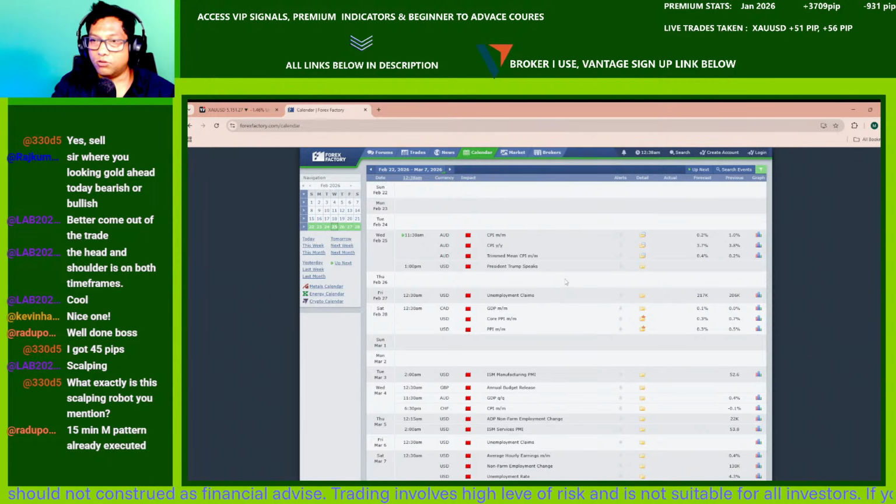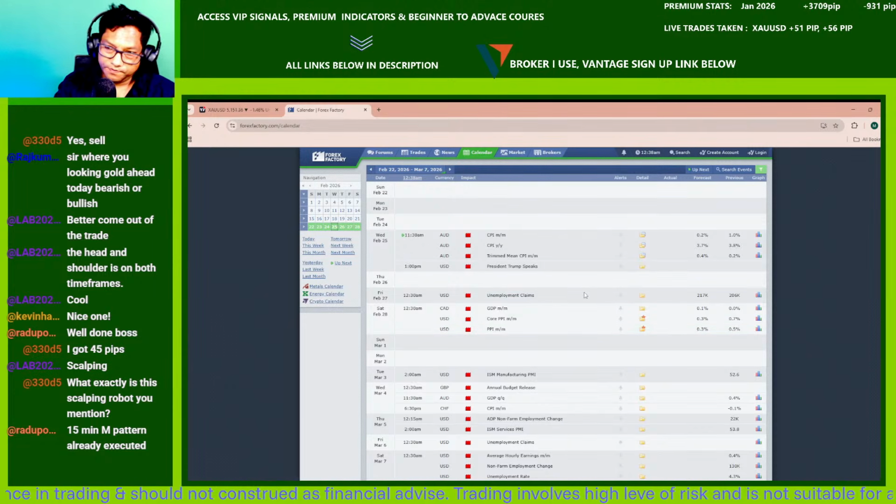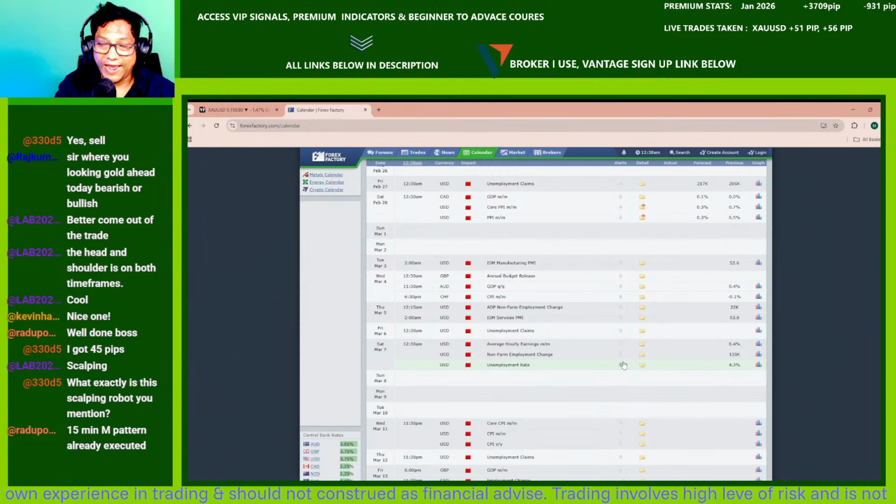All right, so going towards tomorrow, coming up unemployment claims. Tomorrow there isn't any news, it's on Friday, so that means the day after tomorrow. And also there will be core PPI, a busy week coming, followed by the week after that, also the NFP.